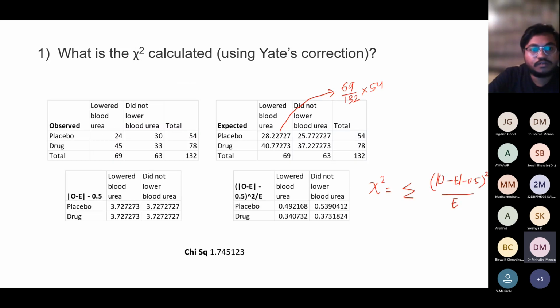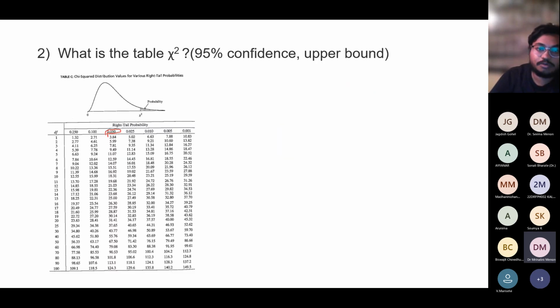Here we are given two types of treatments, placebo and drug, and there are just two options, lowered blood urea or did not lower blood urea. So the degrees of freedom will be 2 minus 1 for the rows multiplied by 2 minus 1 for the columns, which is 1 into 1, which is 1. At degrees of freedom 1, from this table, we get the value 3.84. So the answer here will be 3.84. Is that clear?